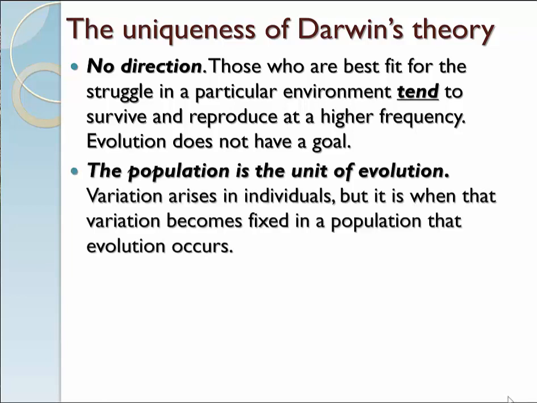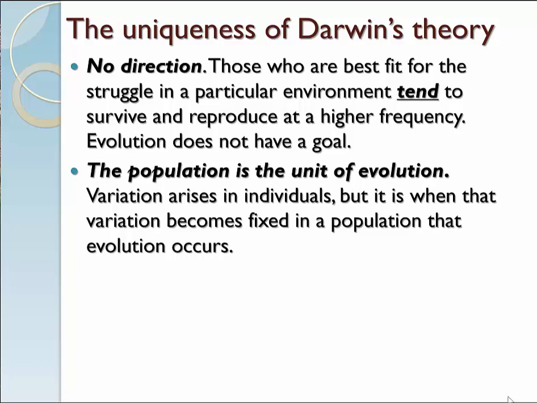And then in Darwin's theory, the population is the unit of evolution. Variations arise in individuals, and it's when those variations spread within a population and become fixed that evolution occurs.